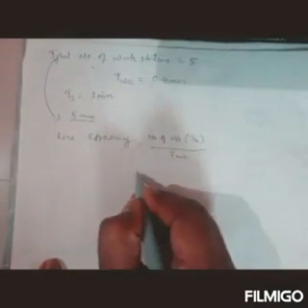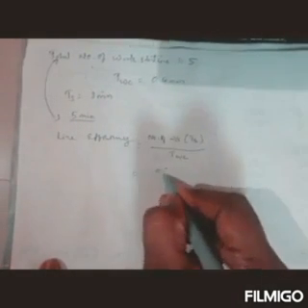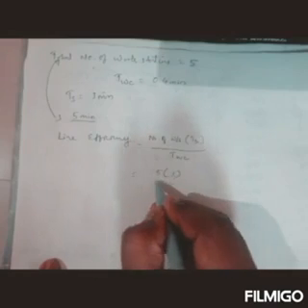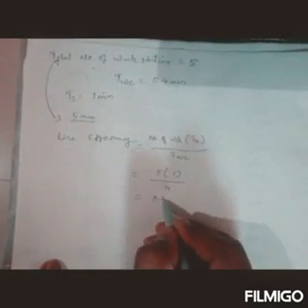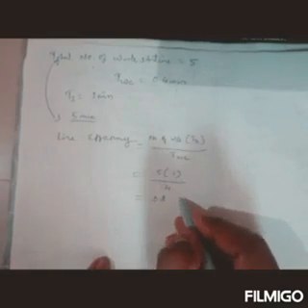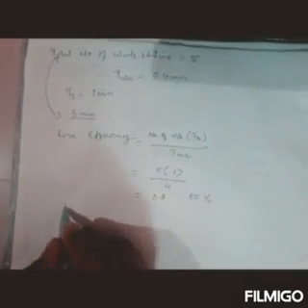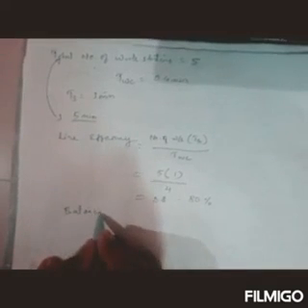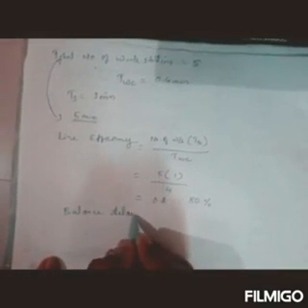The number of workstations given is 5, station time is 1 minute, divided by 4, so how much do we get? That is 0.8, which is nothing but 80%. Line efficiency is 80%.